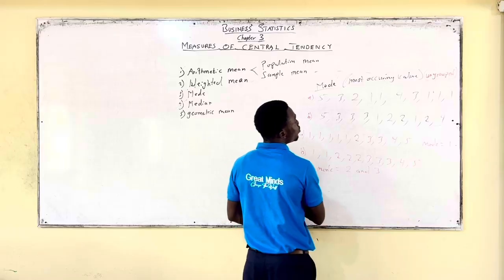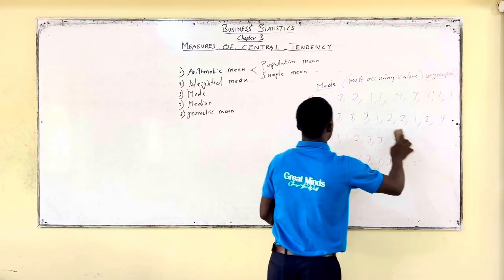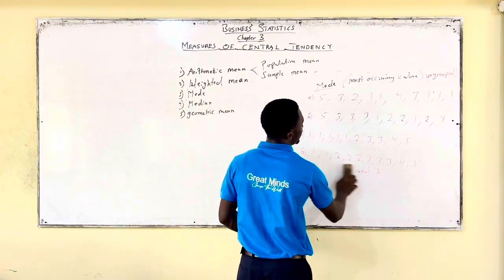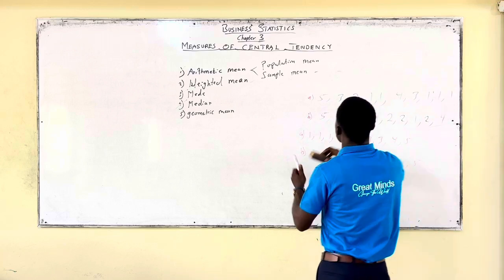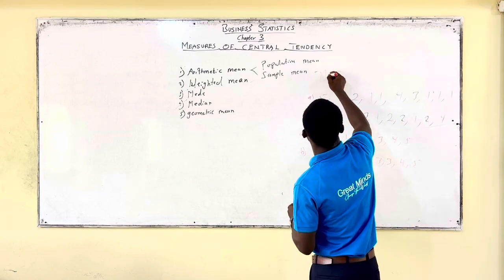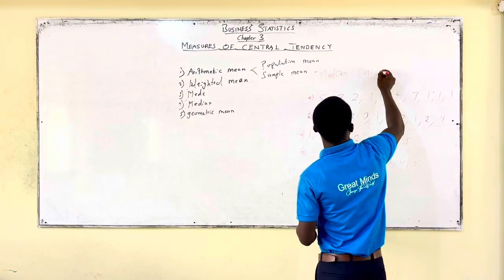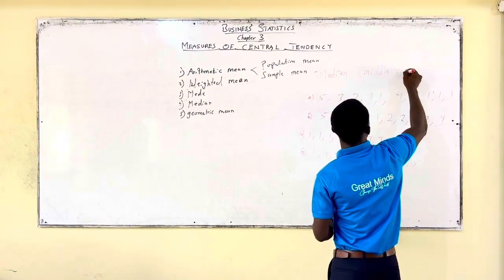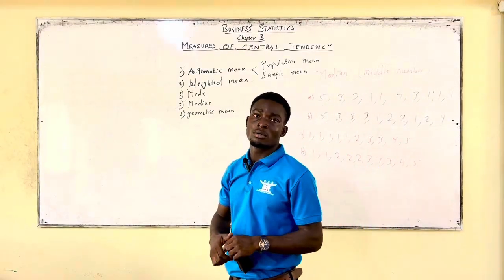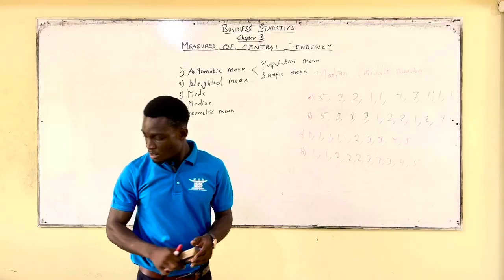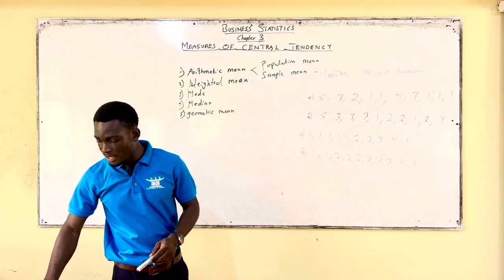Then we move on to median. Sorry, let's move on to median. The middle number. So this is how you find the median.